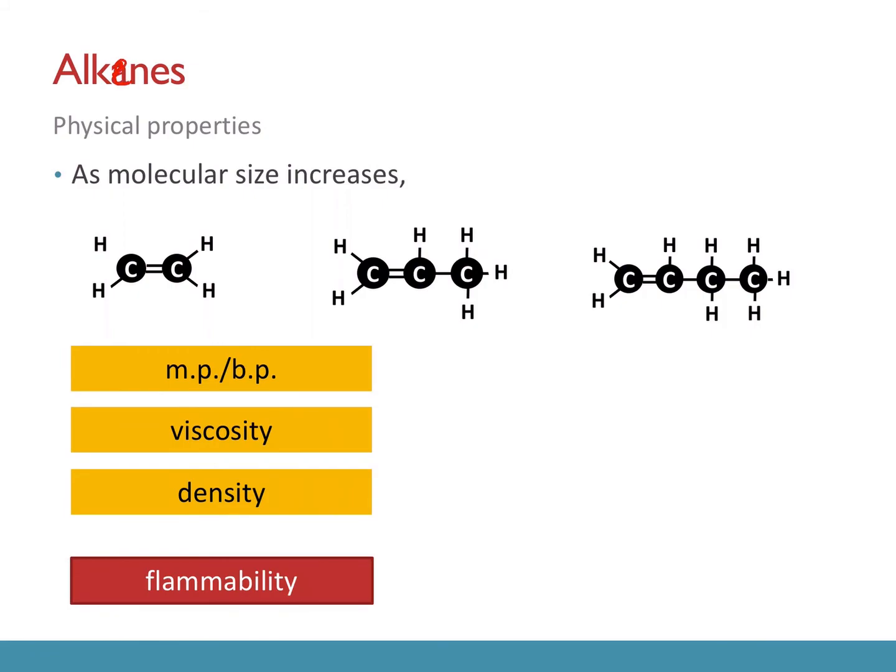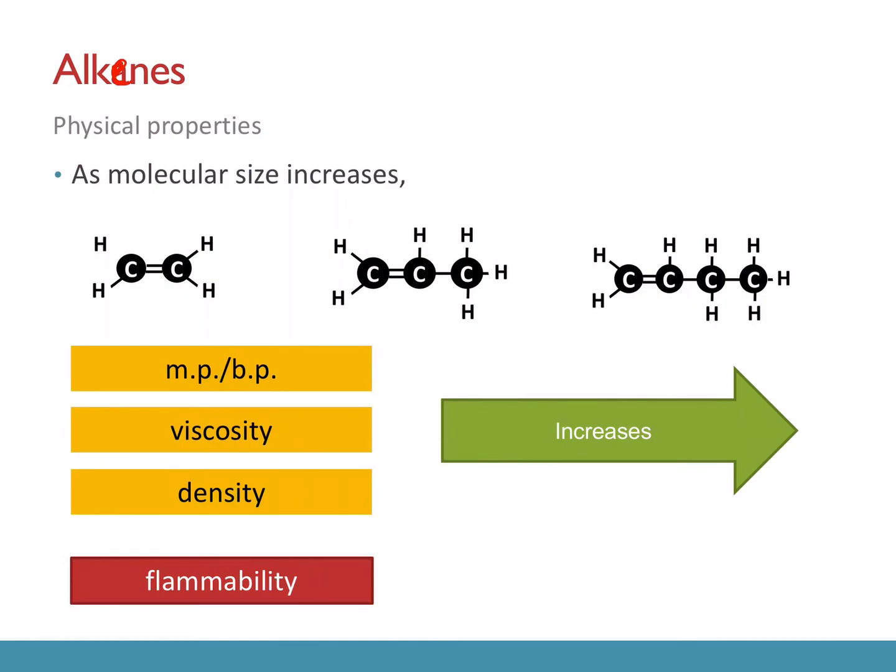For this alkene table, I just copied this slide from the alkane slide, but you can see that I drew the double bond. As molecular size increases, it should show the same trend as alkanes, which means that as the size increases, melting and boiling point should increase for the same reason as in alkanes.